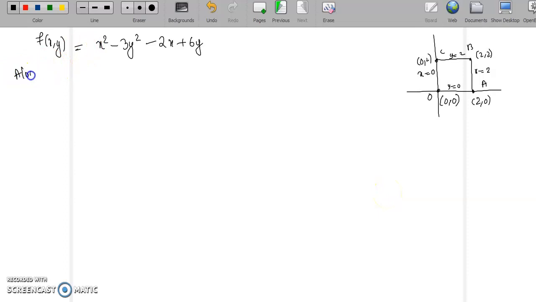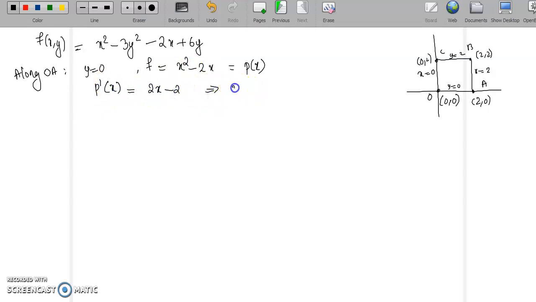So first let us look along OA. Along OA we have y equal to 0. So the function will reduce to x square minus 2x. Let me call it p of x. Now when you take the function of one variable, p dash of x will be 2x minus 2.